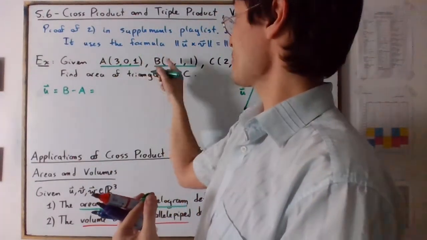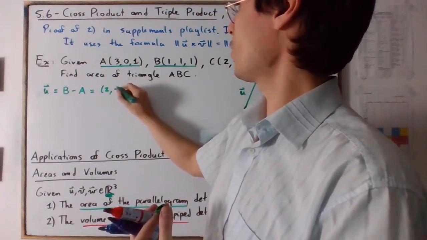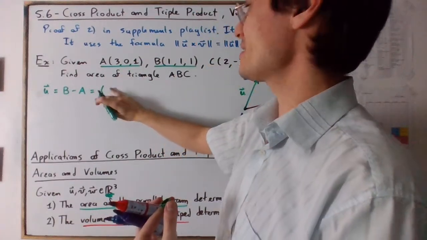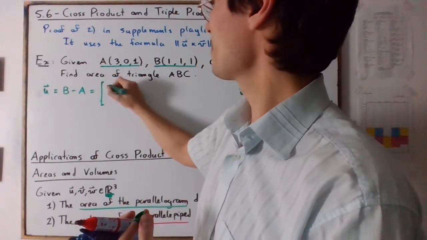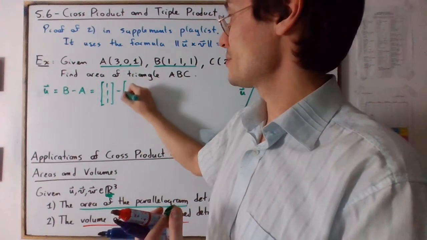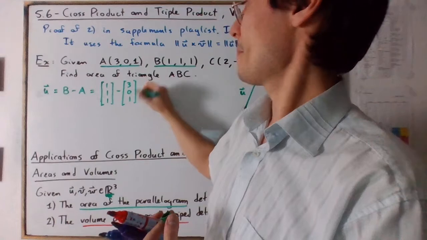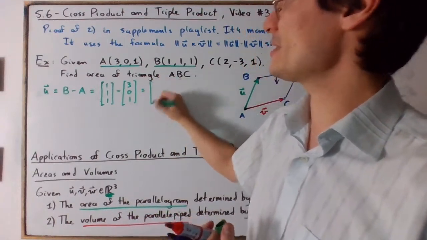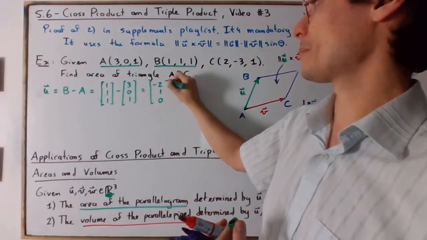We have 3 minus 1, 2, 0 minus 1. Wait. Okay, I see what's happening here. Let's actually write both points, otherwise I might confuse myself. So B minus A, you write both of them, and then you get finally the vector U, which is negative 2, 1, 0.